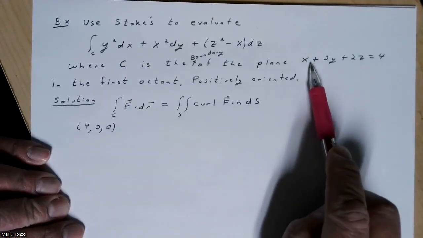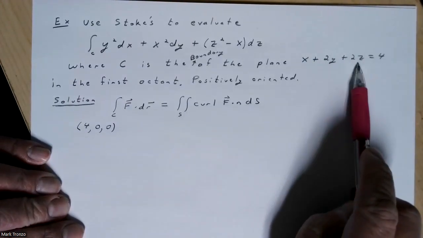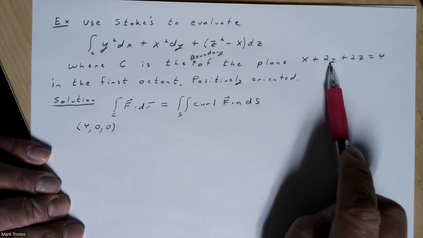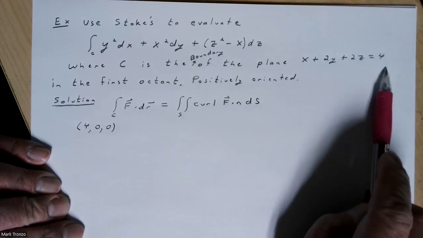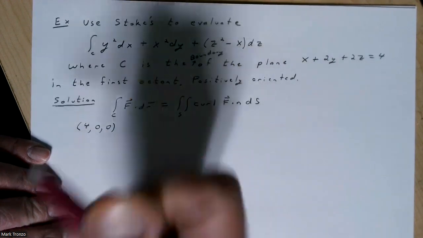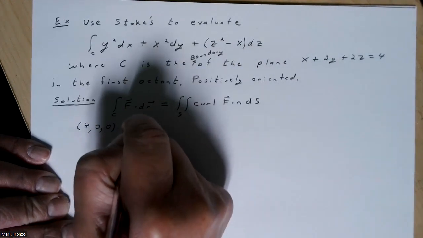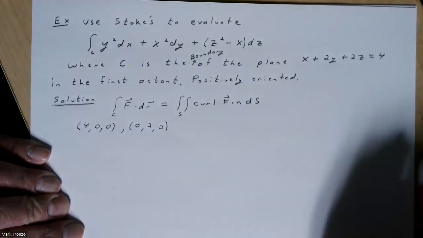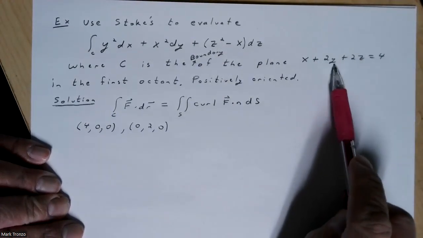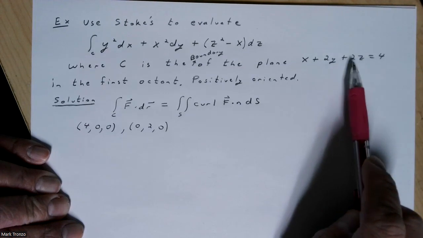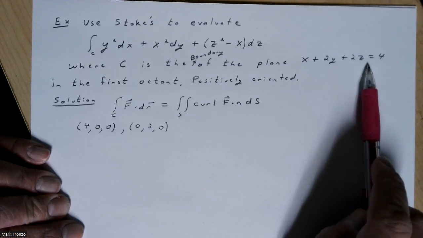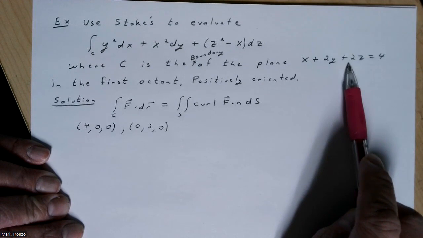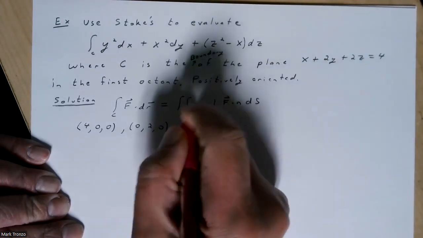And if you set, say, x and z equal to 0, that'll give you 2y equals 4. So y is going to be equal to 2. So that'd be 0, 2, 0. And then set x and y equal to 0. And that'll give you 2z equal to 4. So it's going to give you z equal to 2.